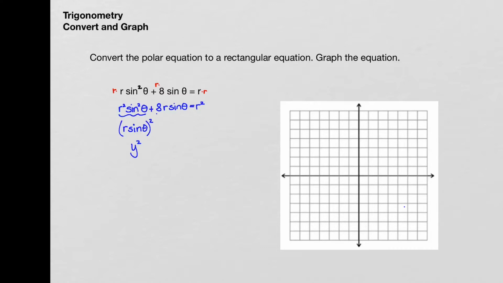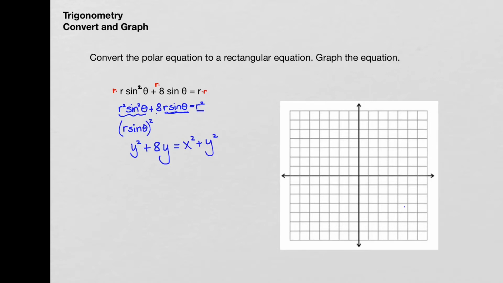Then I have 8 times r sine theta, so I'll write plus 8y, because y is the same thing as r sine theta. And then I have r squared on the right-hand side, and r squared equals x squared plus y squared.